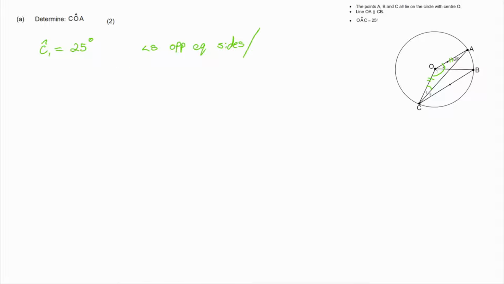Okay. I see the memo allows you to also say radii. You can say radii. That will happen over there. But if you wanted to start off by saying that OA is equal to OC because of radii, feel free. Memo doesn't require it, but feel free. Okay. So now if we work in that triangle, we're just dealing with the last unknown angle.